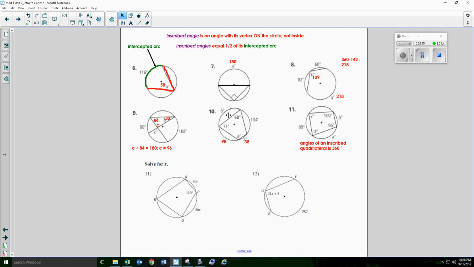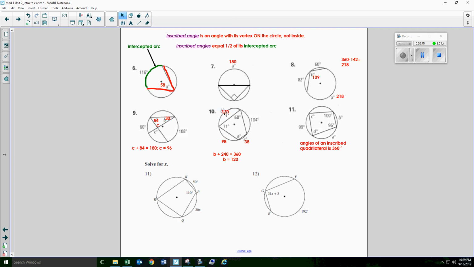Okay, so I'm just combining like terms now. B plus 98 and 38 is 136, 236, 240, equals 360 degrees. So therefore B, subtract the 240 across and you get B equals 120 degrees. So now B is 120.